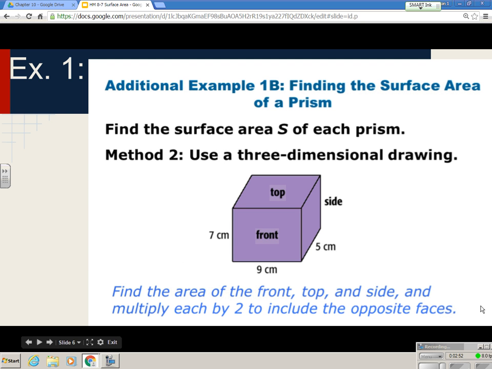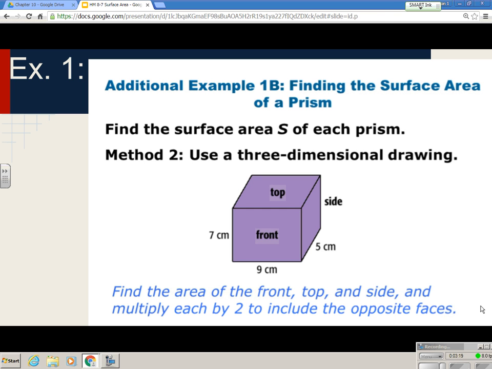Here's another method, and this is just using the three-dimensional drawing, not breaking it down. Now, with this three-dimensional shape, the one thing I want you to notice is that we only have to find 3 different areas of the shape. We have to find the top, the front, and the side. Now, why only 3? Because we can only see 3 sides of the shape, but how many other sides are there?